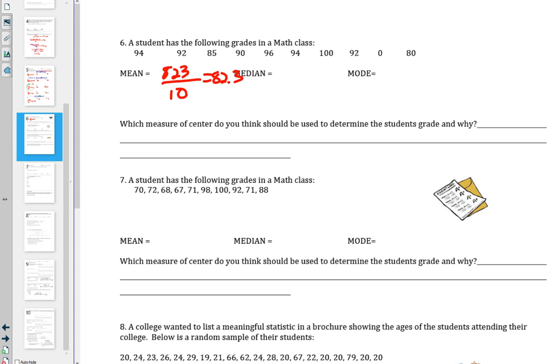All right, for median, we're supposed to put them in order. There's a few more of these, so I'm going to make sure I don't screw this up. 0 would obviously be the lowest. 80, 80, then 90. Jay, that's all your fault. 85, 90, 92, and there's 2 of them.